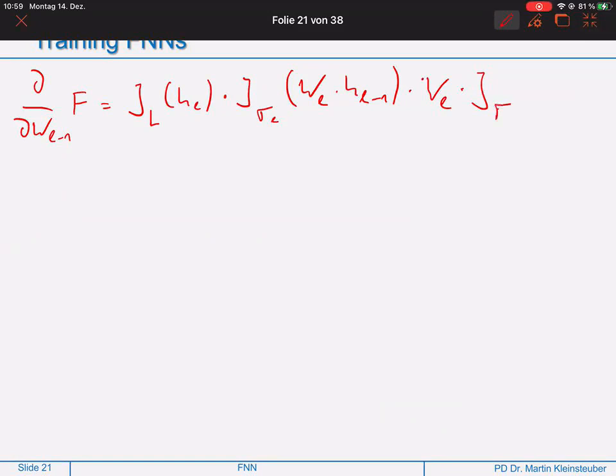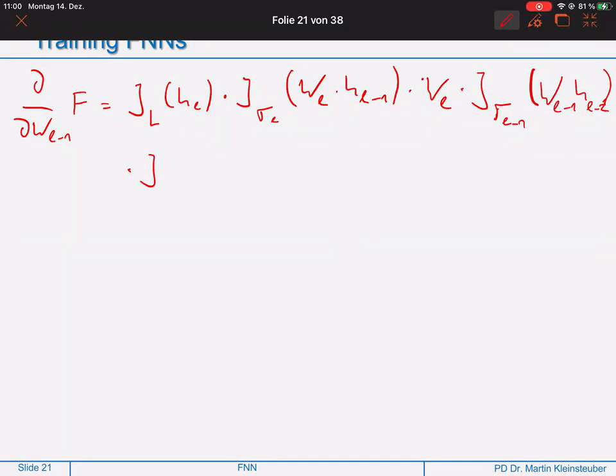Times the Jacobi matrix of the second activation layer, sigma L minus 1, evaluated at WL minus 1, HL minus 2.